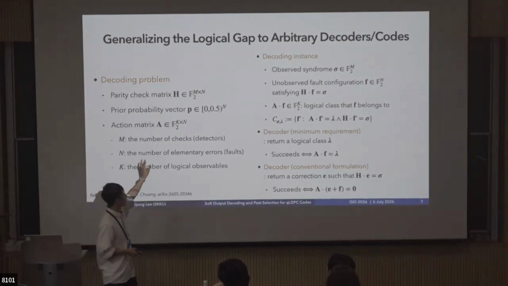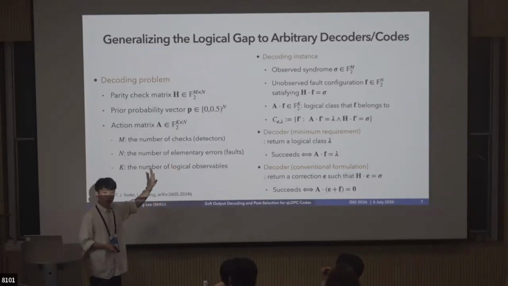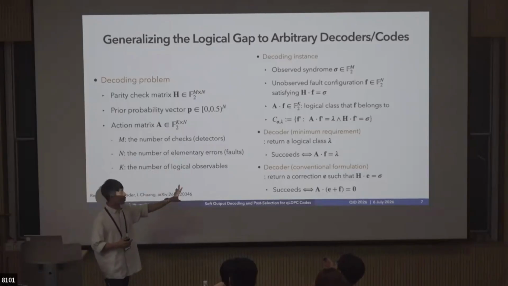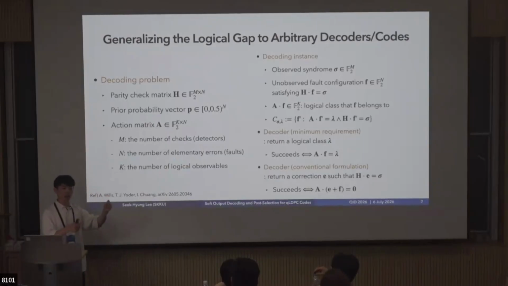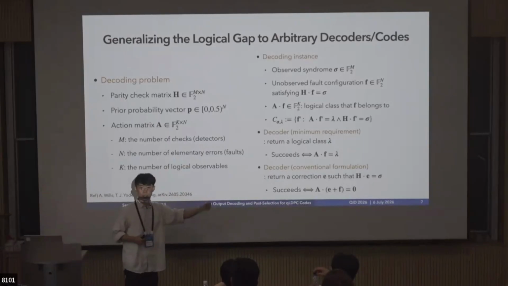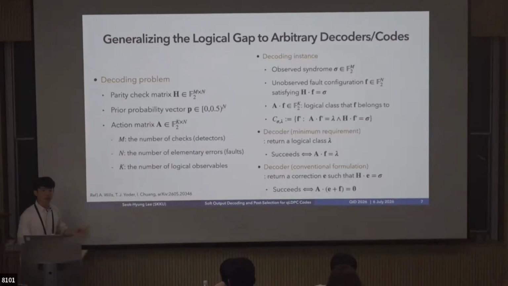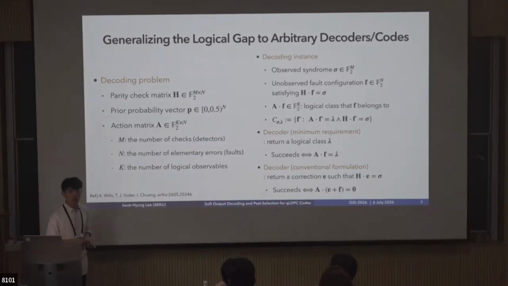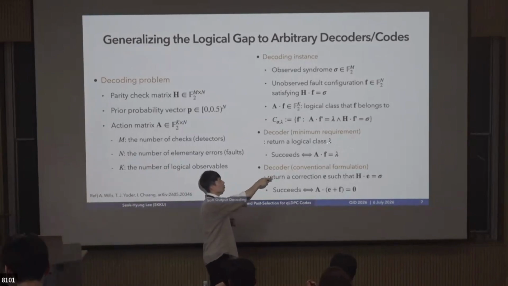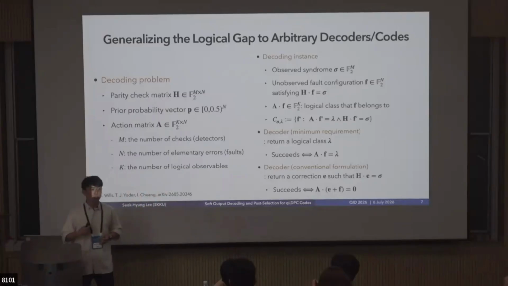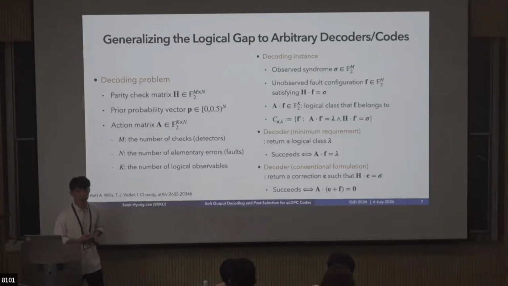So given these four arguments, H, P, A, sigma, it is a function that returns a binary vector directly. Of course, we can use an intermediate E vector there, but that is not required in the bare minimum requirement of a decoder. The degenerate maximum likelihood decoder is in that category. And if we determine this lambda, it's very trivial to choose any one of the errors that is located inside that logical class.